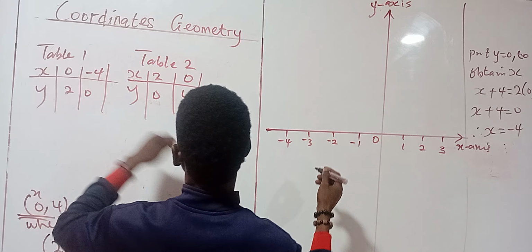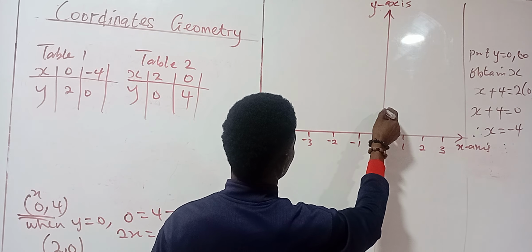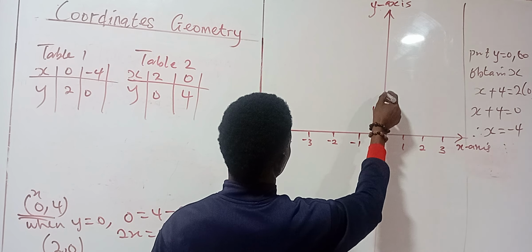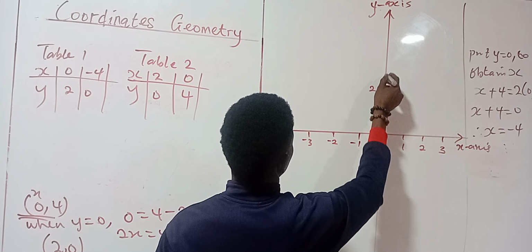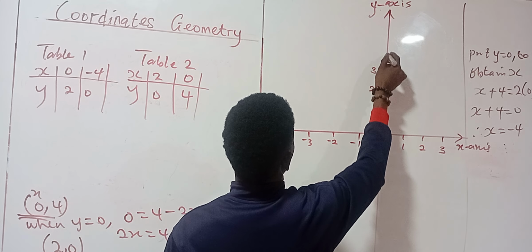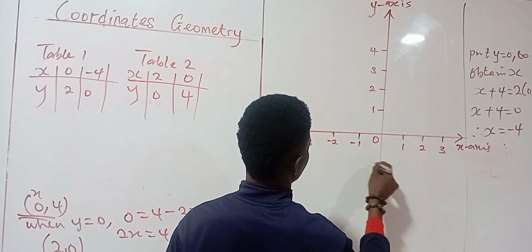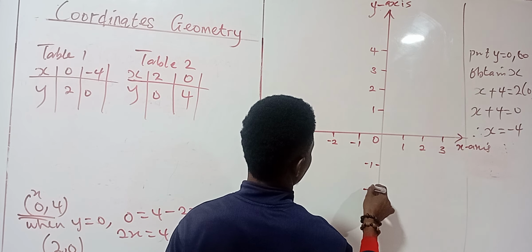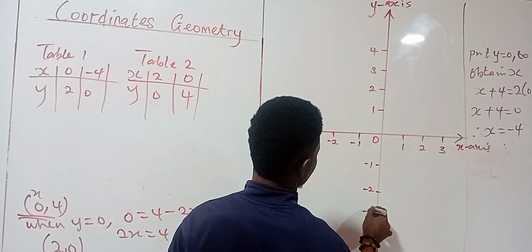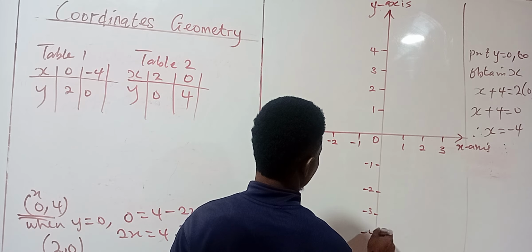So here is going to be 1, 2, 3, and 4. So we are going to have -1, -2, -3, and -4.